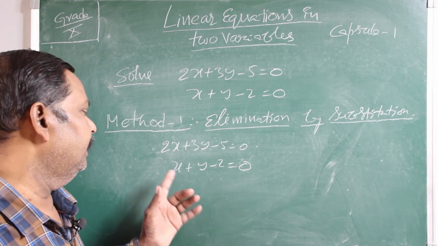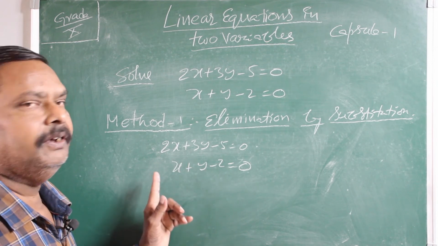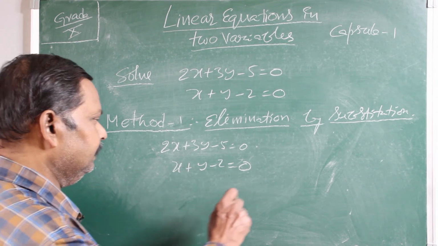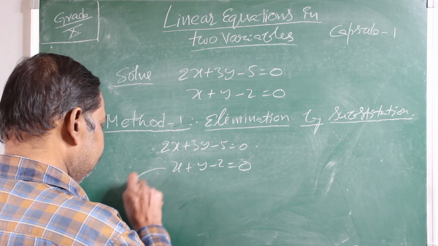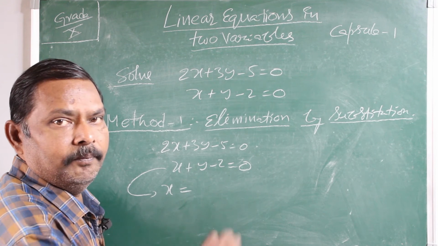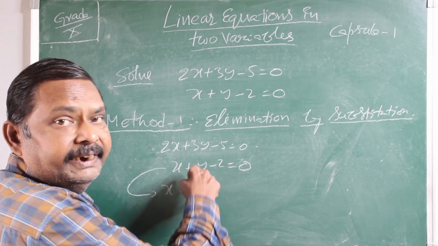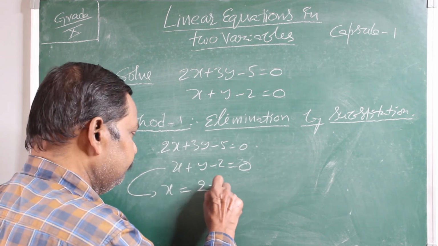For example, take the second equation, get the value of x in terms of y. So this is from the second equation, x = -2 taken to other side becomes +2, +y taken to other side becomes -y.